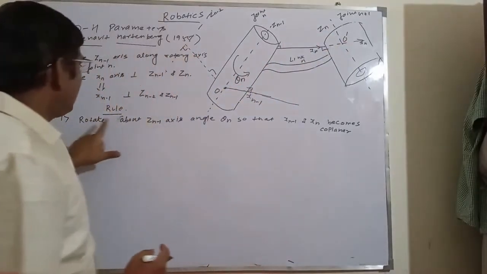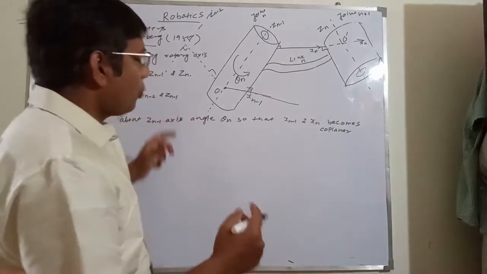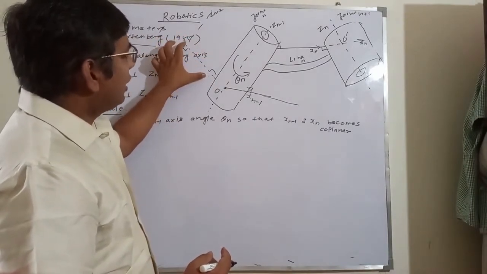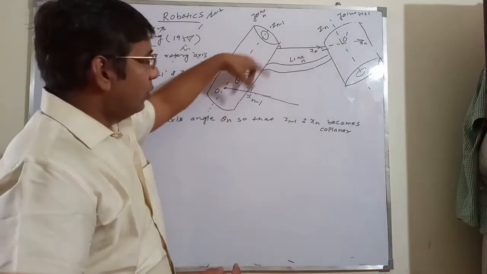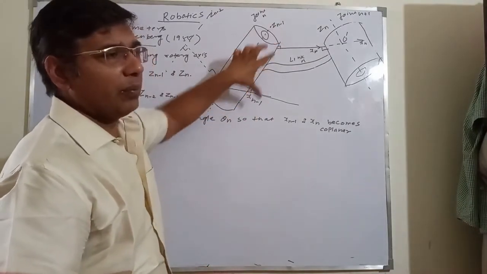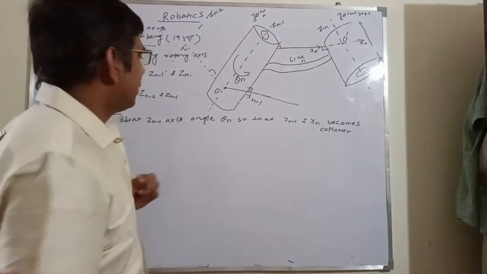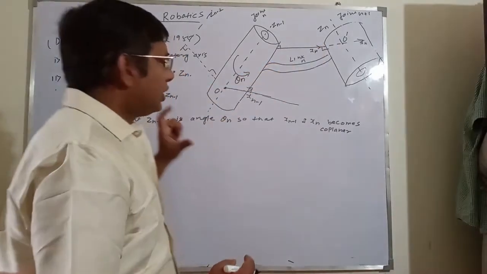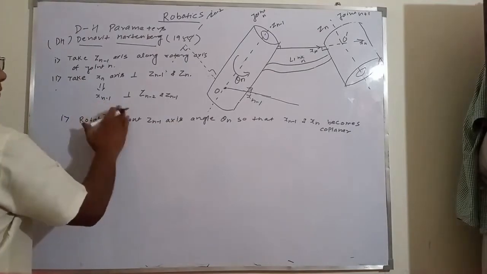So rotate about z minus 1 axis by angle theta n so that xn becomes coplanar. Why? Because xn minus 1 is perpendicular to this one, and this xn is also perpendicular. So if we revolve it, both will become parallel and coplanar here. The second scheme, what we want here, we want to take it from here to here. So it will be 4 steps, we will see. So this is the first step.